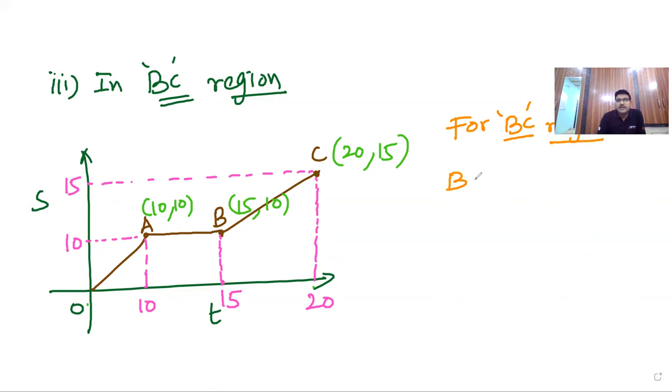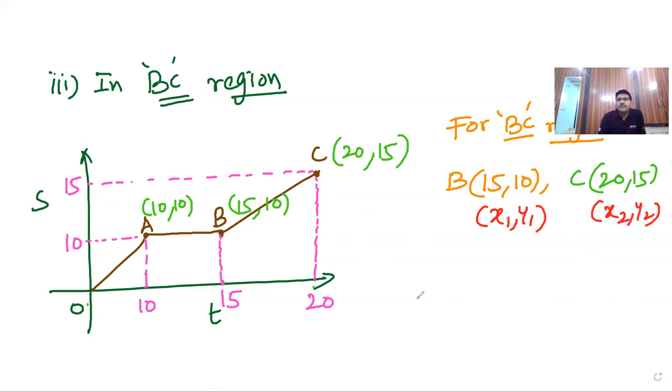For the BC region, the coordinates of B are 15, 10, and the coordinates of C are 20, 50. If I say this as x1, y1 and this as x2, y2, now what is the velocity in the BC region?